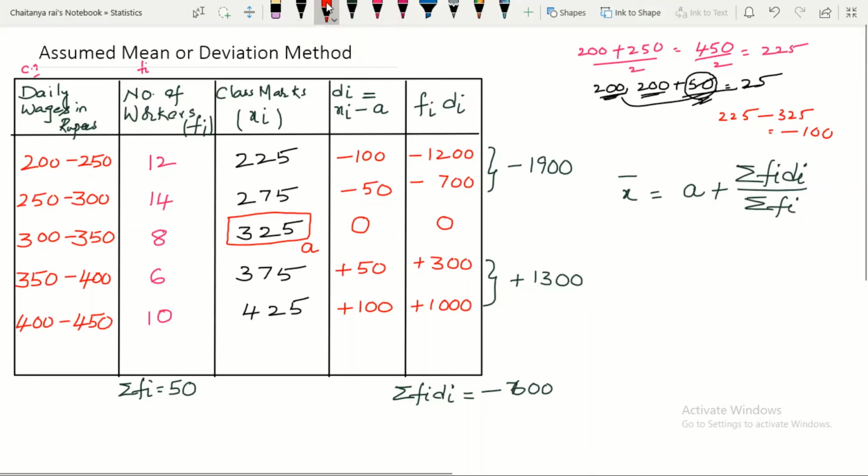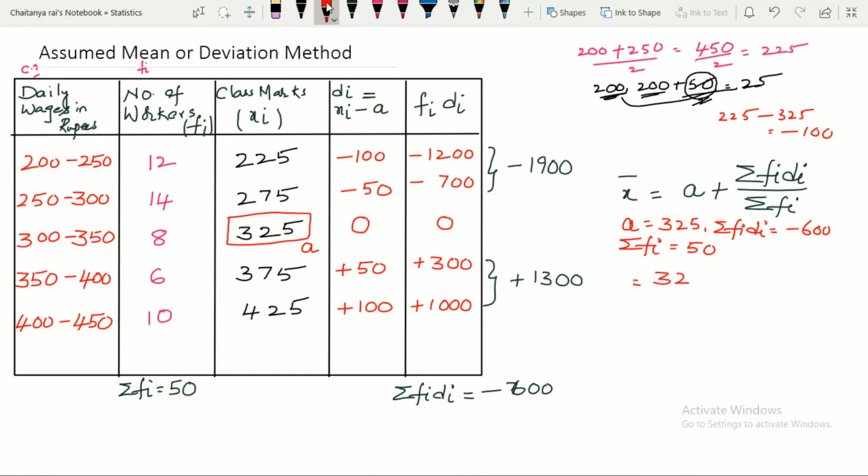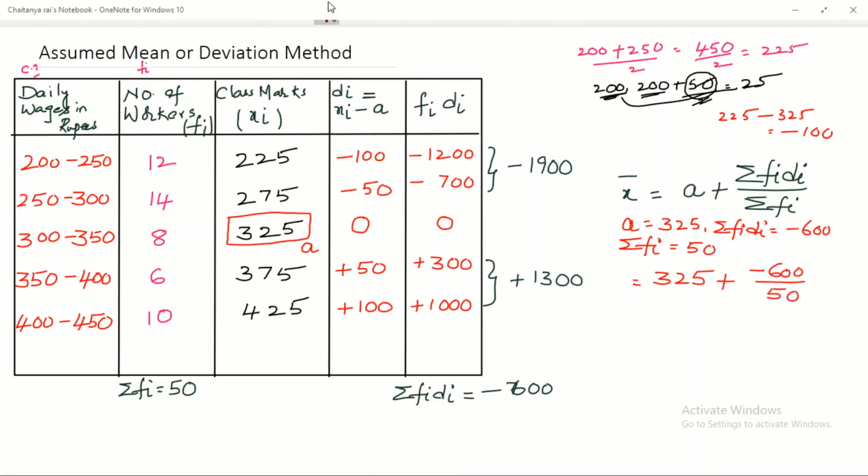We have our values here: a is the assumed mean, which is 325, sigma fi di is negative 600, and sigma fi is 50. We substitute these values, and here we get 325 plus negative 600 by 50. We need to simplify that.